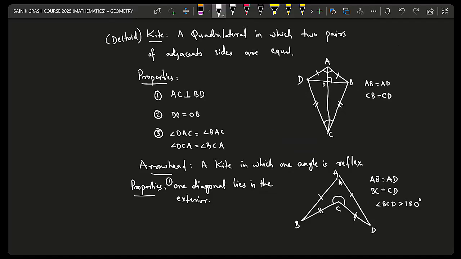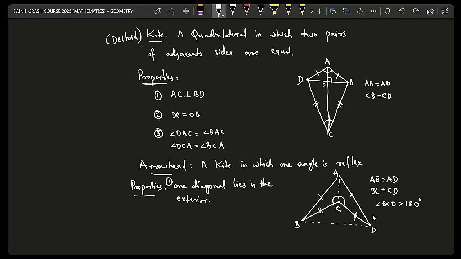You can see AC is a diagonal lying in the interior, but the diagonal BD is lying in the exterior of the quadrilateral. So one diagonal lies in the exterior of the quadrilateral. These are all the types of quadrilateral that you need to remember.